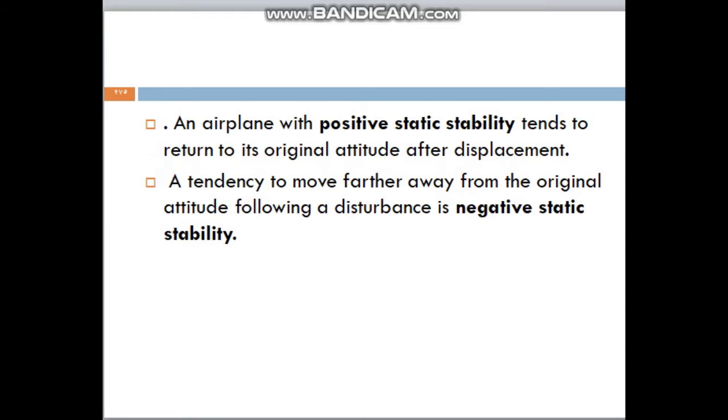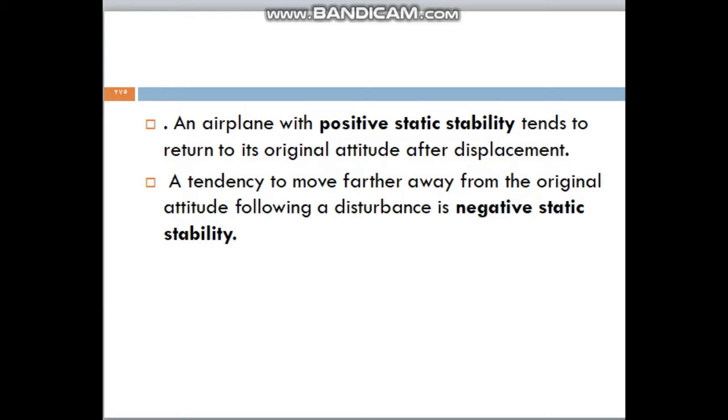An airplane with positive static stability tends to return to its original attitude after displacement. A tendency to move farther away from the original attitude following a disturbance is negative static stability.